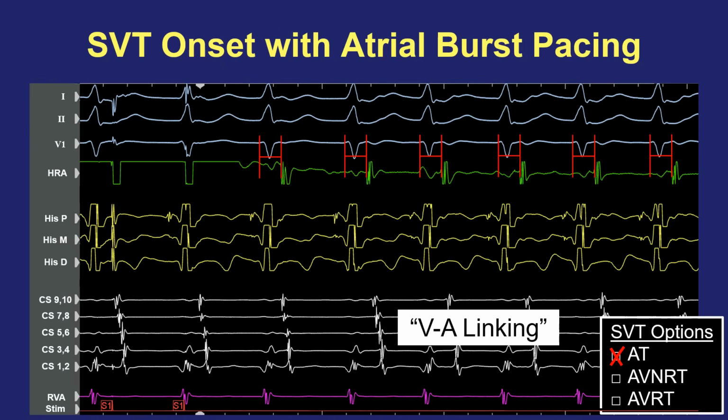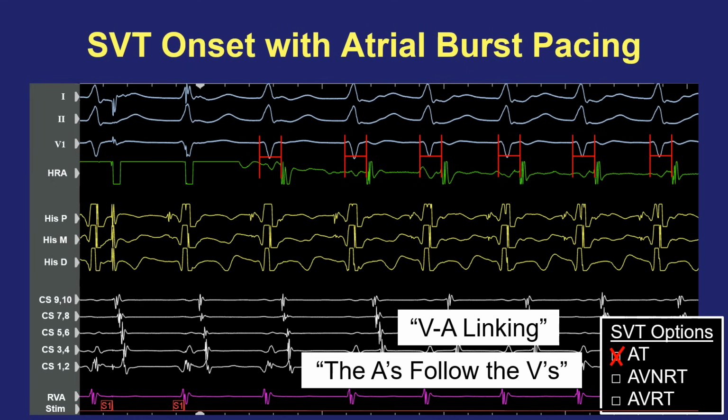The reason I don't like the term is linking is used to mean other things in EP as well, and so to avoid confusion using the word linking to refer to two different EP phenomena, I tend to not use it in this particular scenario. Instead, you can say something like the A's follow the V's, or there's a fixed VA time is another way to say it. All of these imply the same thing, which is that the A's are not running the show, they're following, and therefore this is not an atrial tachycardia.